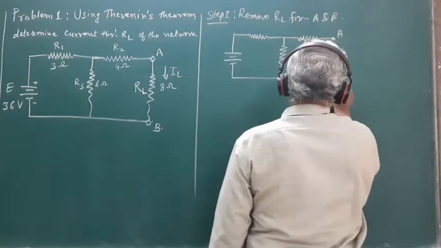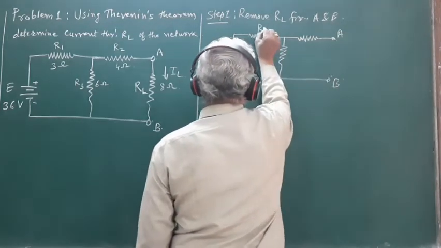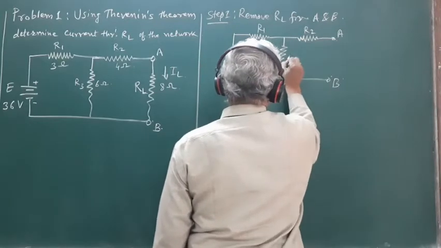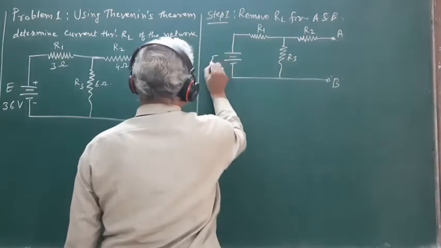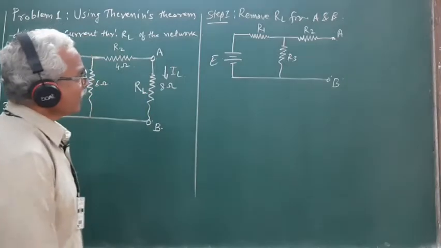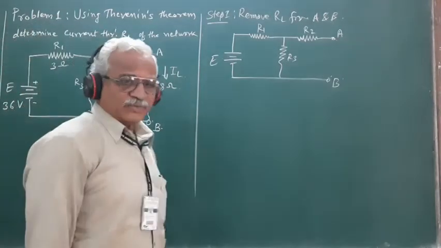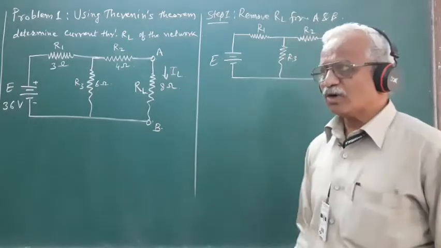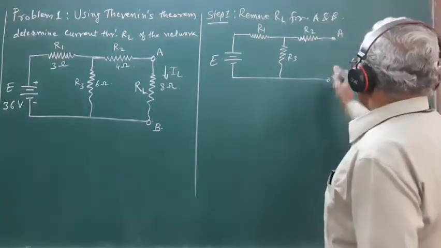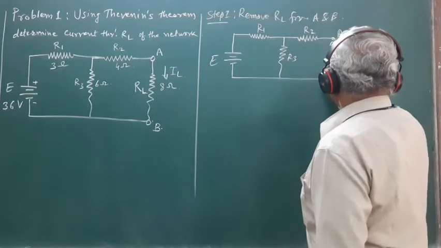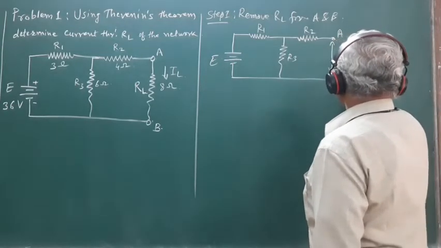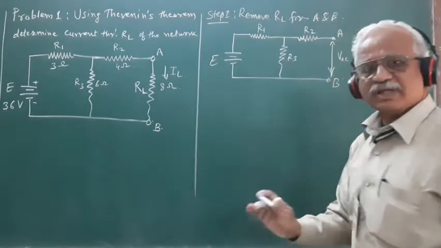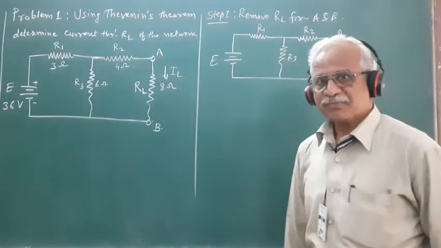These are the open terminals A and B. This is the resistance R1, this is R2, this is R3, and this is the source of EMF E. In the first step, we have to find out the value of VTH or VOC. The open circuit voltage measured across the terminals A and B gives the value of VTH.